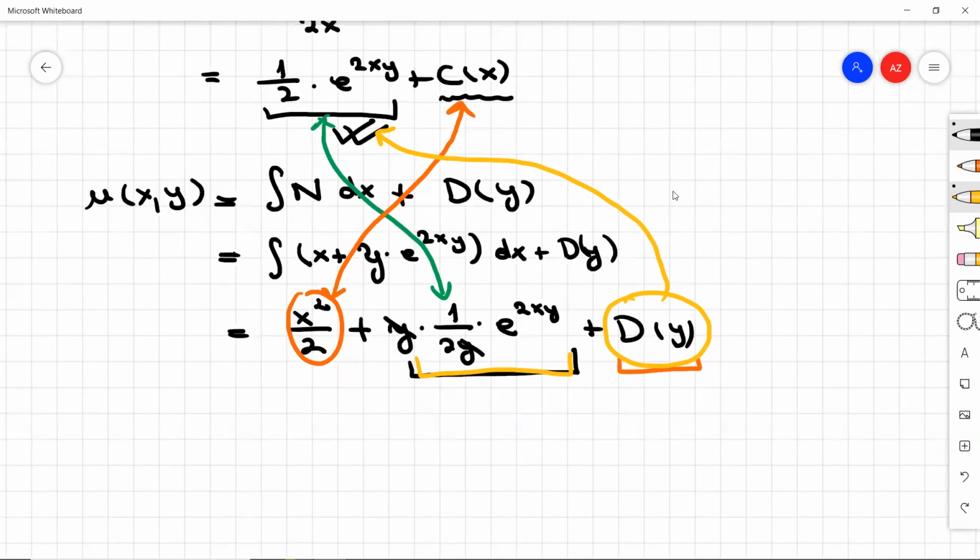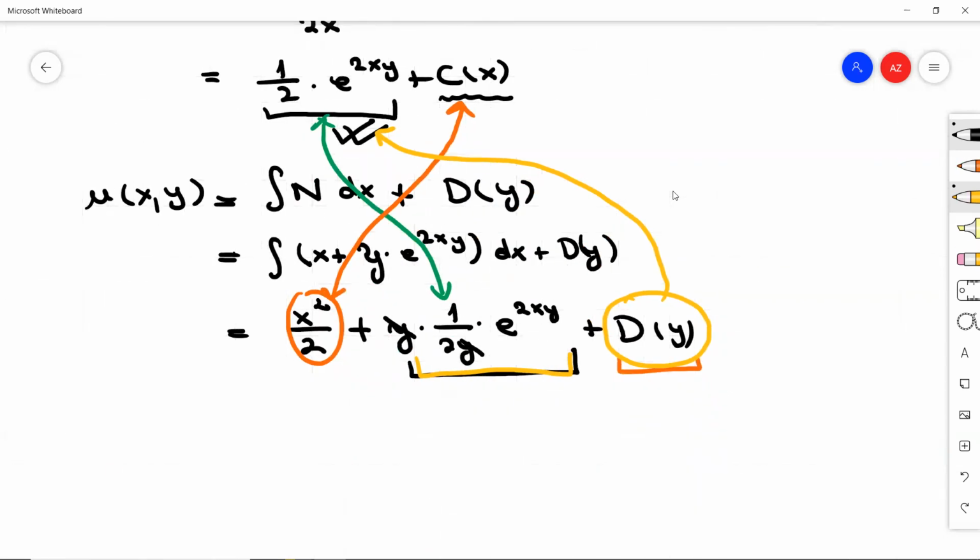So the final solution u(x,y) is then 1/2 times e to the power of 2xy plus x squared over 2 plus some constant c. C is a constant.